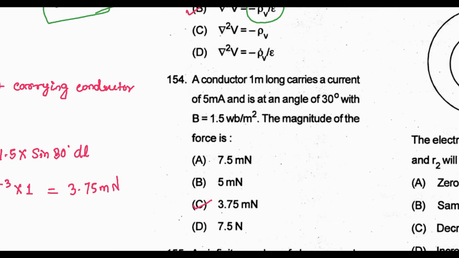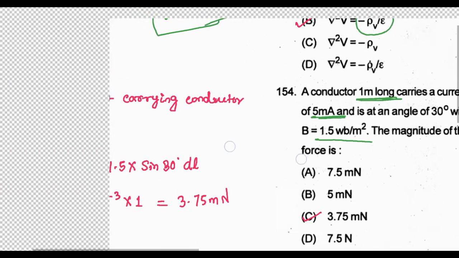Actually this conductor length is given to be 1 meter, and this is carrying current 5 milliampere, and the current direction is at 30 degree with respect to the magnetic field in which the conductor is placed, and the magnetic field is 1.5 Weber per meter square, and we have to find out the force on that current conductor due to that magnetic field. So what is the formula?